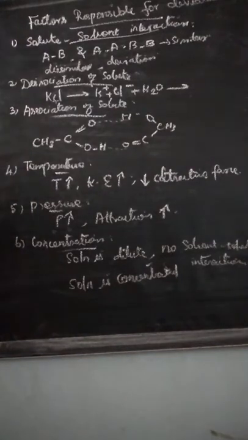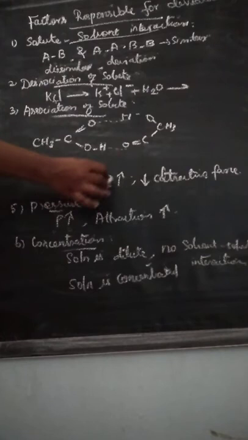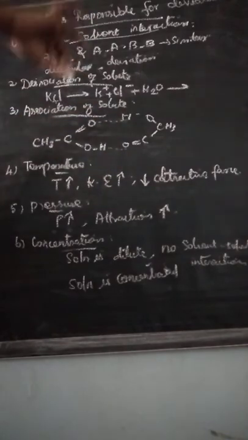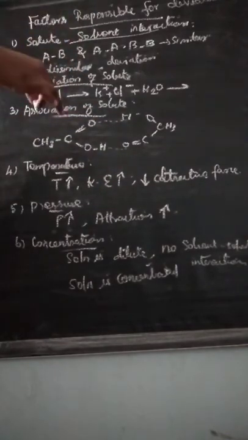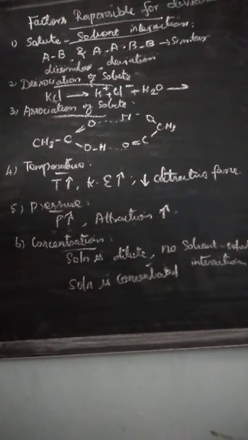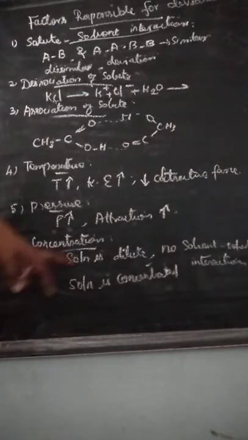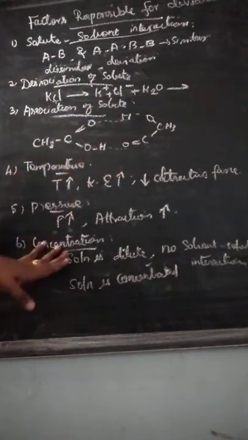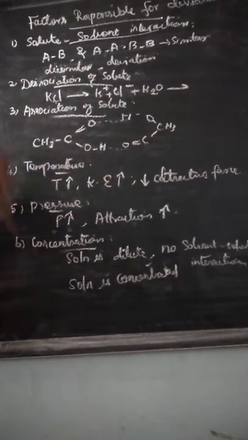The next, temperature. Temperature increases means kinetic energy increases, so attractive force decreases, causing deviation. Then pressure increases means attractive force also increases. This causes a deviation from ideal behavior. And last, concentration. If your solution is dilute, there is no solvent-solute interaction. Reason, number of solute molecules is low. But if the solution is concentrated, there is a solvent-solute interaction.